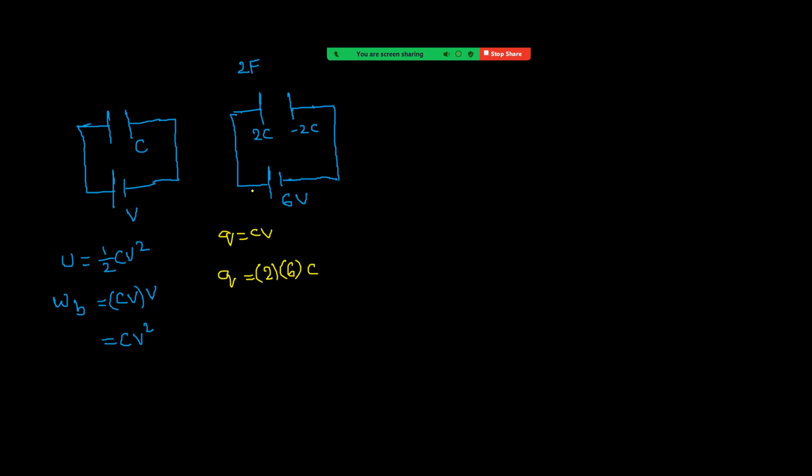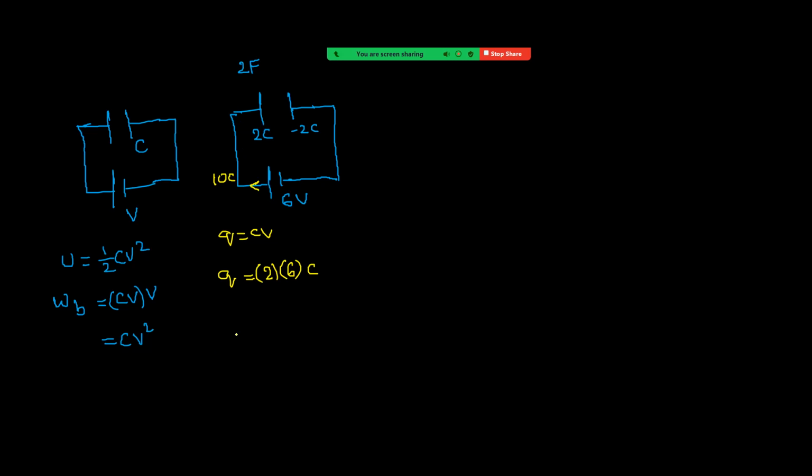That means, observe carefully how much charge has flown through the battery. That is now 10 coulomb, right? So 10 coulomb charge flows so that this 10 coulomb plus 2 coulomb total becomes 12 coulomb.